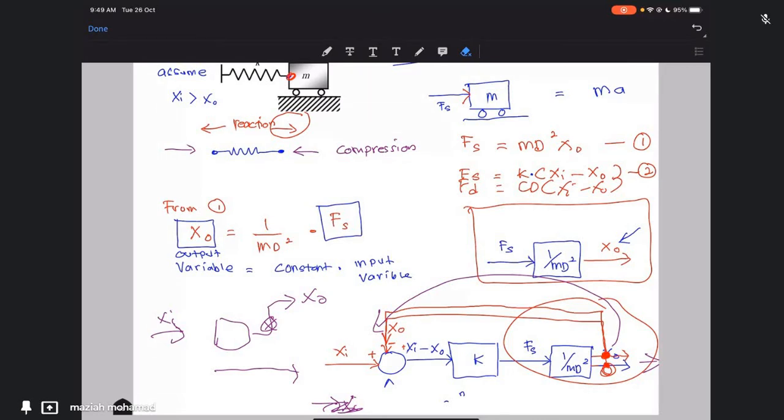Okay. Let me show you. If you have class, you want to leave, you can leave. I just want to show if we start with equation number 2.